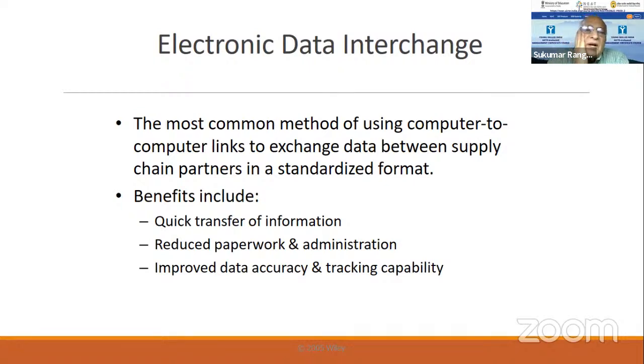In fact, even ISO 9000, there is a clause which talks about this. But today, it is no longer there. Everything is in real time on electronic data interchange. So that is what makes life easy for most of us. And that in short is what is operations management today.